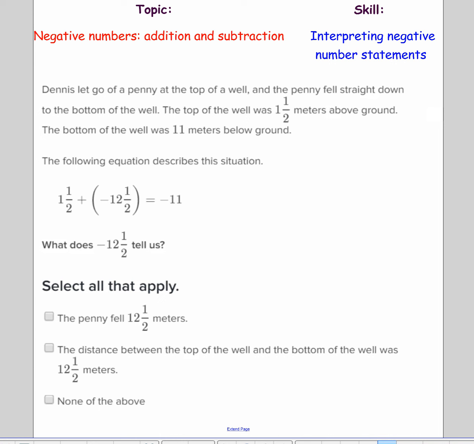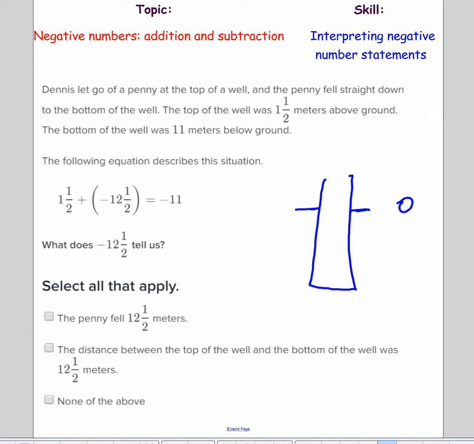All right. Once again, we need to draw a picture. Dennis let go of a penny at the top of a well. The penny fell straight down to the bottom of the well. The top of the well was 1.5 meters above the ground. So here we go. A well kind of looks like that. And this is the ground over here. So that's at a level of 0.